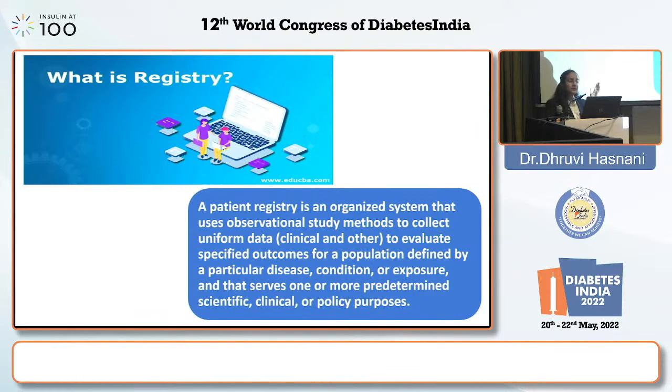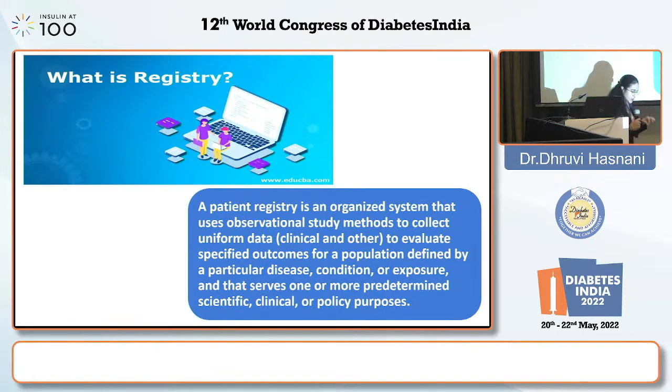It could be type 1, it could be hyperglycemia in pregnancy, it could be type 2 diabetes, it could be FCPD, anything, any particular disease, condition or exposure that serves one or more predetermined scientific, clinical and policy purposes.